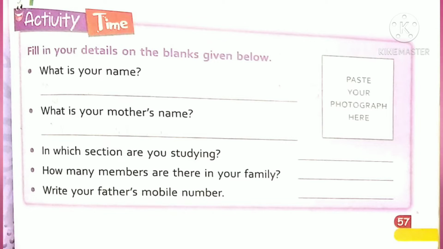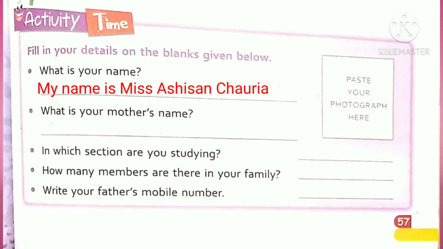When somebody asks our name, we say or write our name. So you have to write like this: My name is such and such. You have to write your own name.